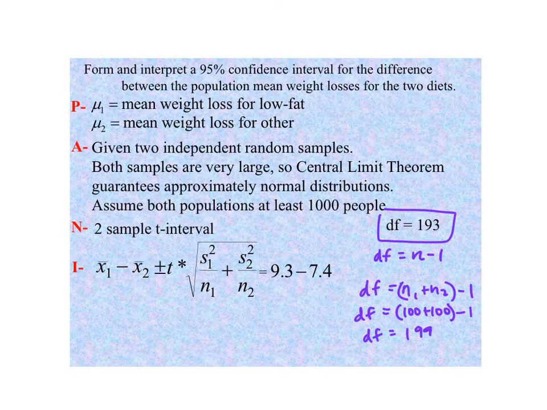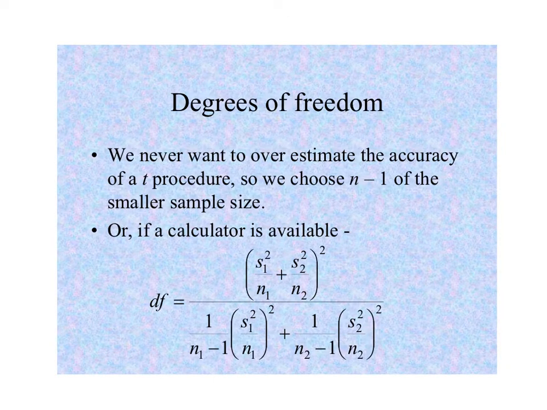And I'll show you, and you can see in your PowerPoint that degrees of freedom is the following formula, this big calculation here. So it says we never want to overestimate the accuracy of a t procedure, so we choose n minus 1 of the smaller sample size. Or if a calculator is available, we use this.